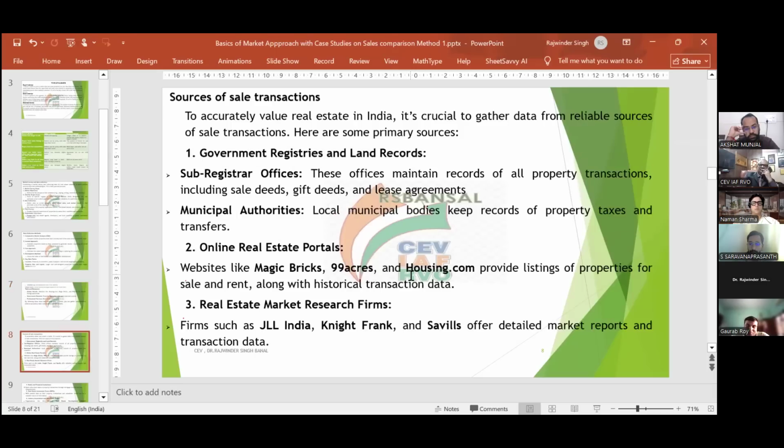And then what are the sources of transactions in India from where you can get the data? We have already discussed the sub-registrar's office and the online real estate portals. Then there are certain research firms like JLL, Knight Frank, and Savills that offer detailed market reports and transaction data.